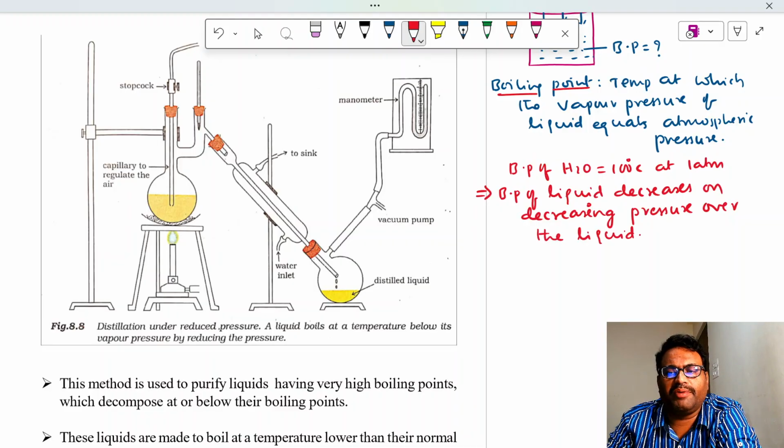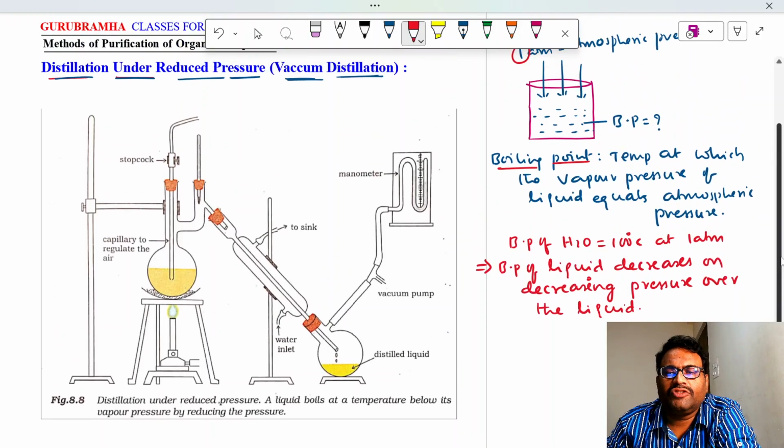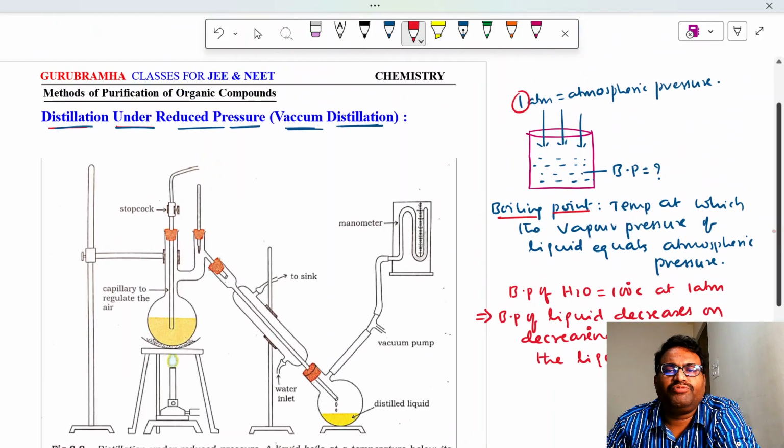So this you need to remember. If you increase the pressure over the liquid, boiling point increases. It's pressing, pushing. When it is pushing the liquid with more pressure, the liquid cannot be boiled at low temperature. More temperature is required to boil it.